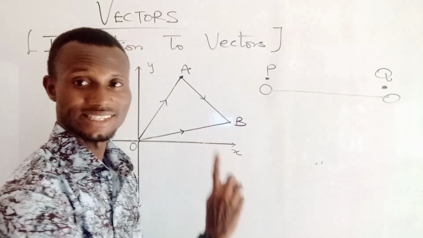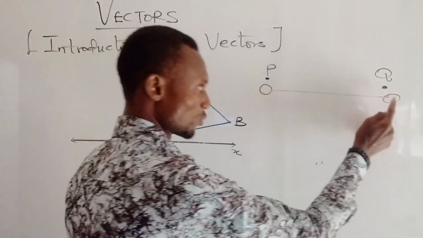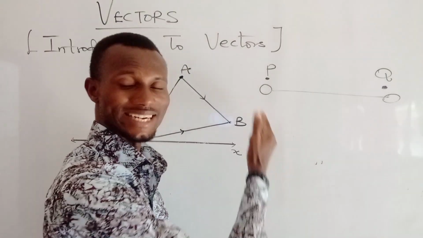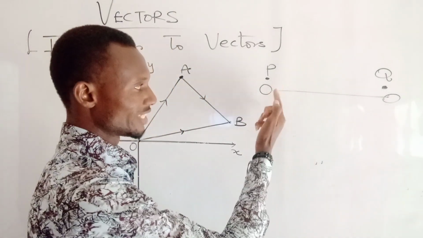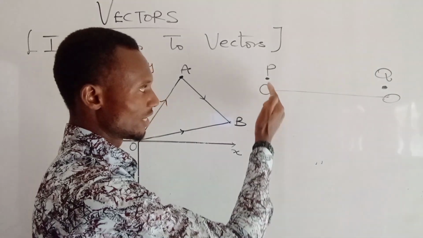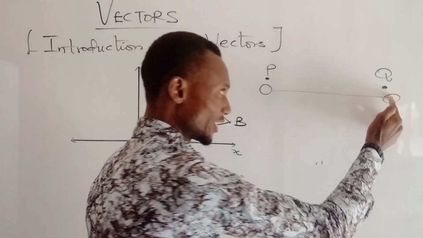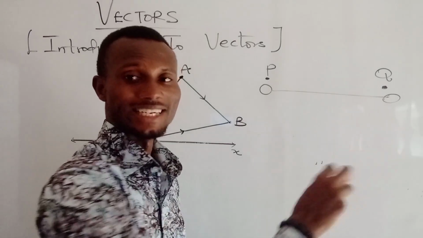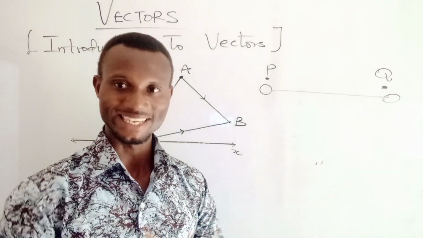Look on the board, you can see that we've moved the ball from this point P to point Q. You can see that there's a distance that is covered. I hope you agree with me. The distance that is covered, moving the ball from point P to point Q, is what we refer to as the magnitude of the vector.